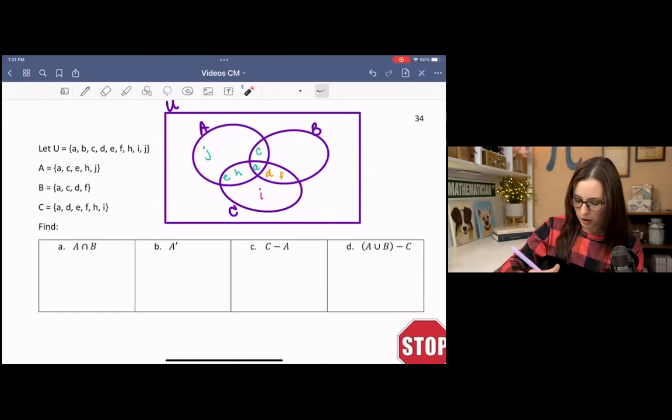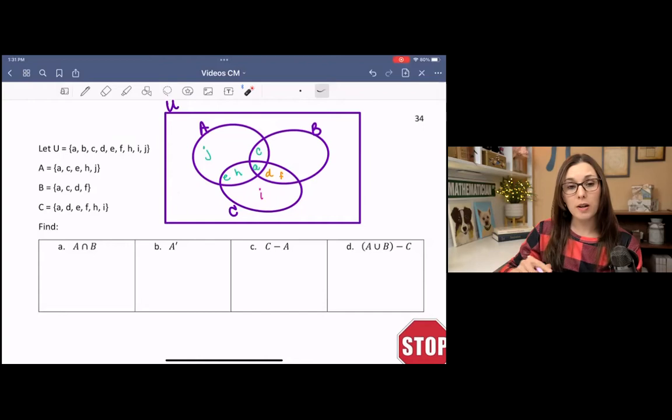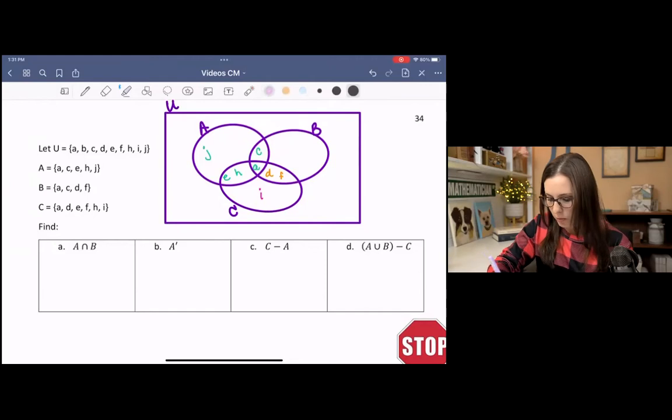If there had been a G up here, I would need to put it out there so that it is still included in the Venn diagram. So if I were to now practice these operations, then I can use my Venn diagram as a visual representation of that. And I'm going to try to use some highlighting also, which I can erase for each problem, hopefully, and not get too messy.